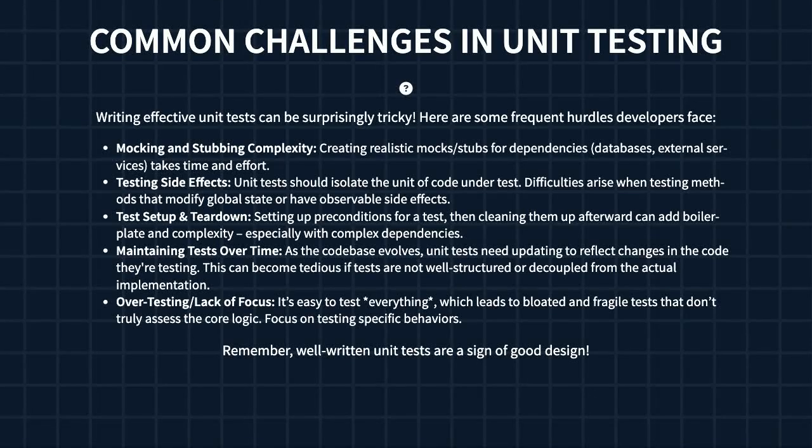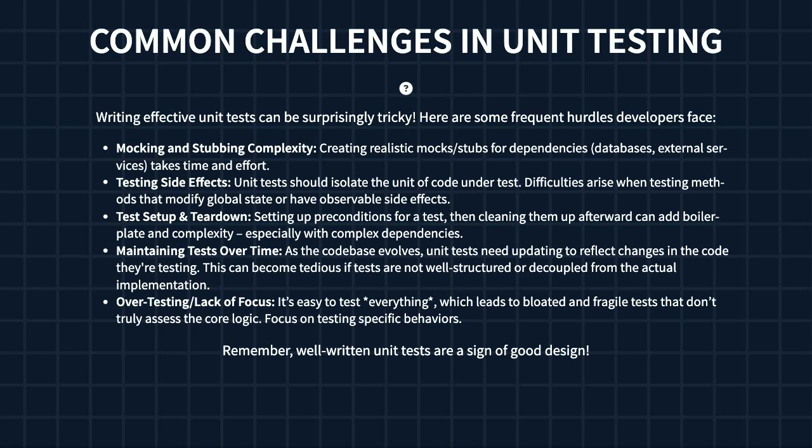Okay, let's talk about some common roadblocks when it comes to writing unit tests. One thing that often pops up is dealing with dependency, things like databases or external services. Creating realistic mock versions of these can take a fair bit of work. Then there's the challenge of testing methods that might have side effects, changing global state or affecting other parts of your application.